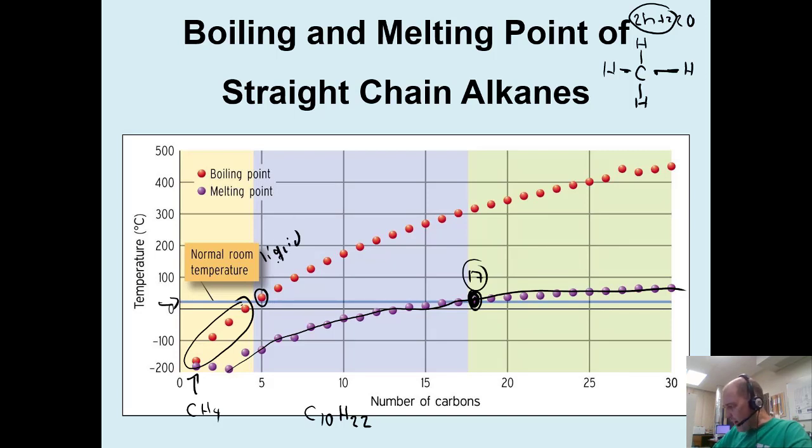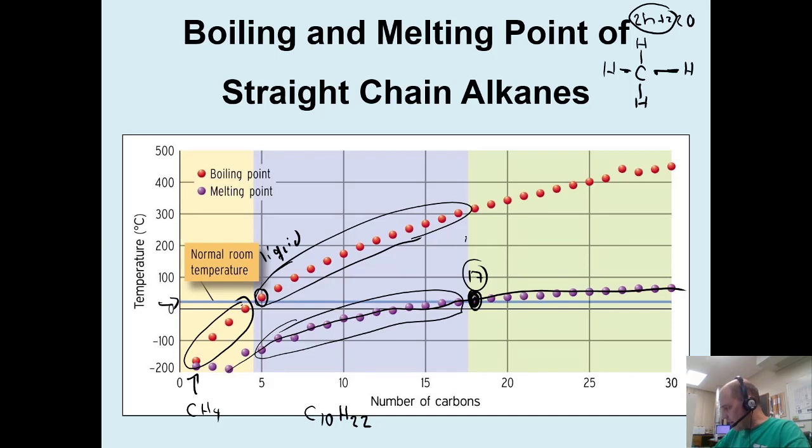And then everything from 5 to 16 here is going to be a liquid. So this range here is going to be a liquid, but we should really be looking at that, because right there is when we hit the solid, so it's 17.